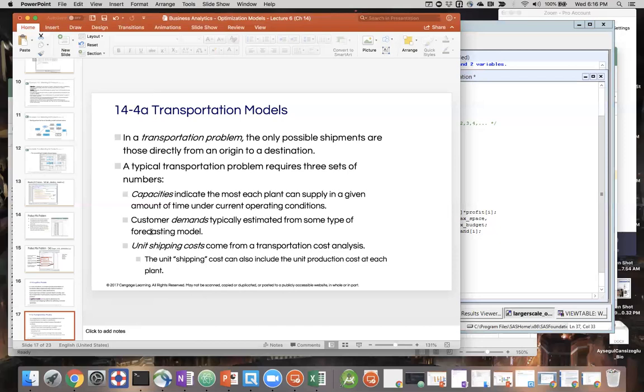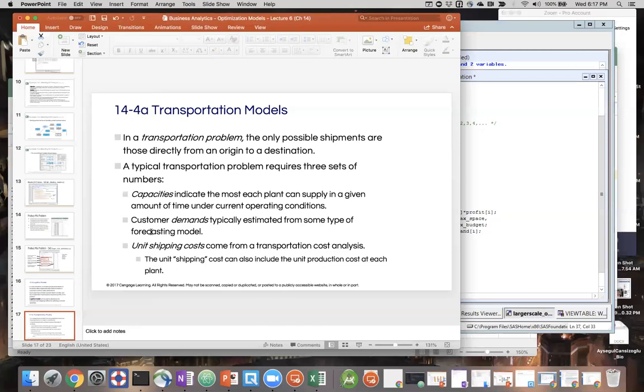So again, just to recap, in this lecture we are going through applications of optimization, and we went through two applications. One of them is employee scheduling, and the second one was the product mix. And this is a third example, which is transportation models. As I said many times during this lecture, this is one of the most common applications of large-scale optimization.